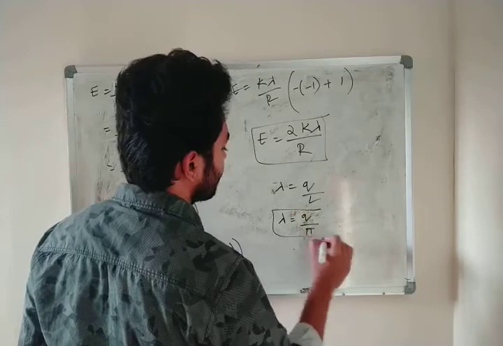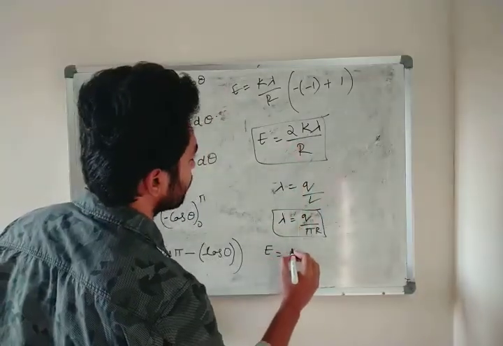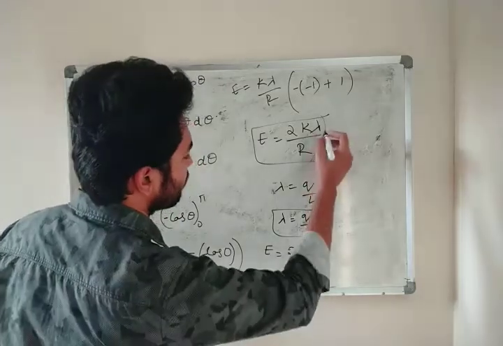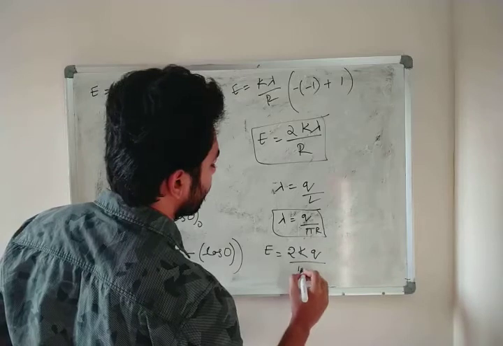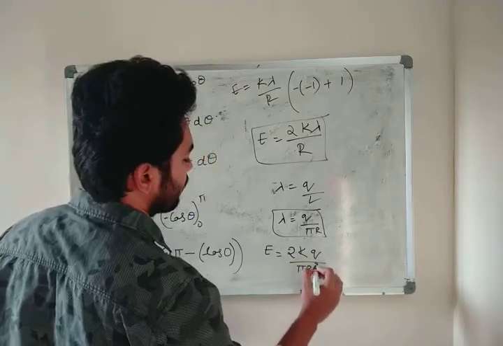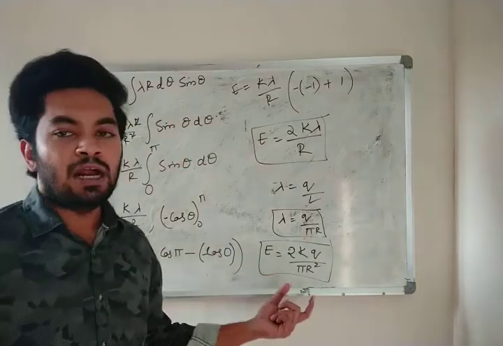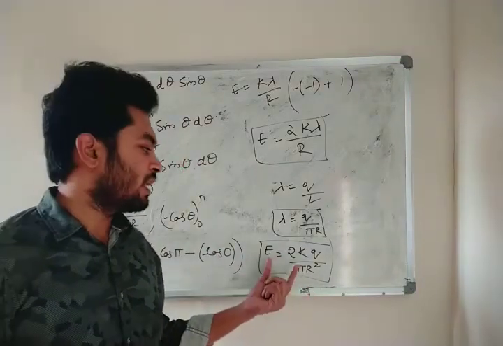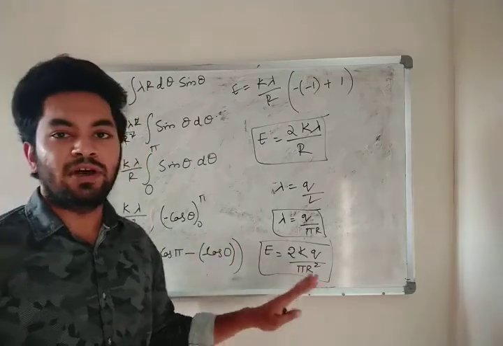So finally E is equal to 2k into lambda, what is lambda? Q by pi r square. So this is your final answer for the electric field at the center of the semicircle.